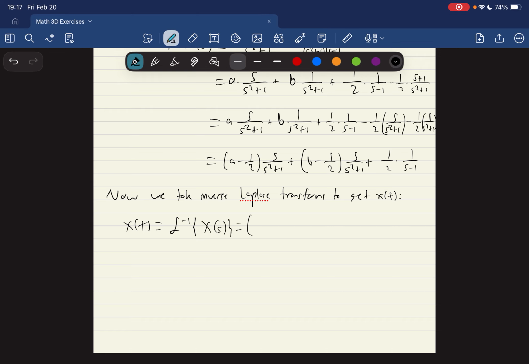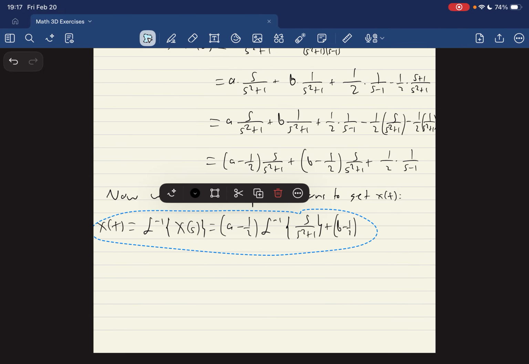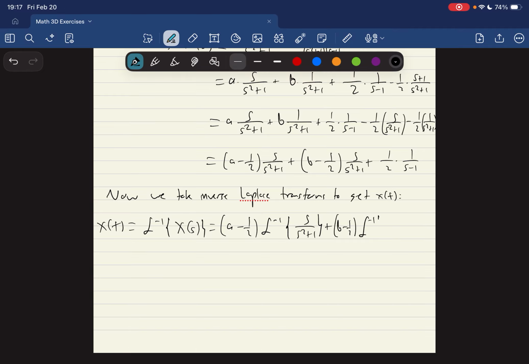And by linearity, this is a minus 1/2 times the inverse Laplace transform of s over s squared plus 1, plus b minus 1/2 times the inverse Laplace of 1 over s squared plus 1, and then plus 1/2 inverse Laplace of 1 over s minus 1.